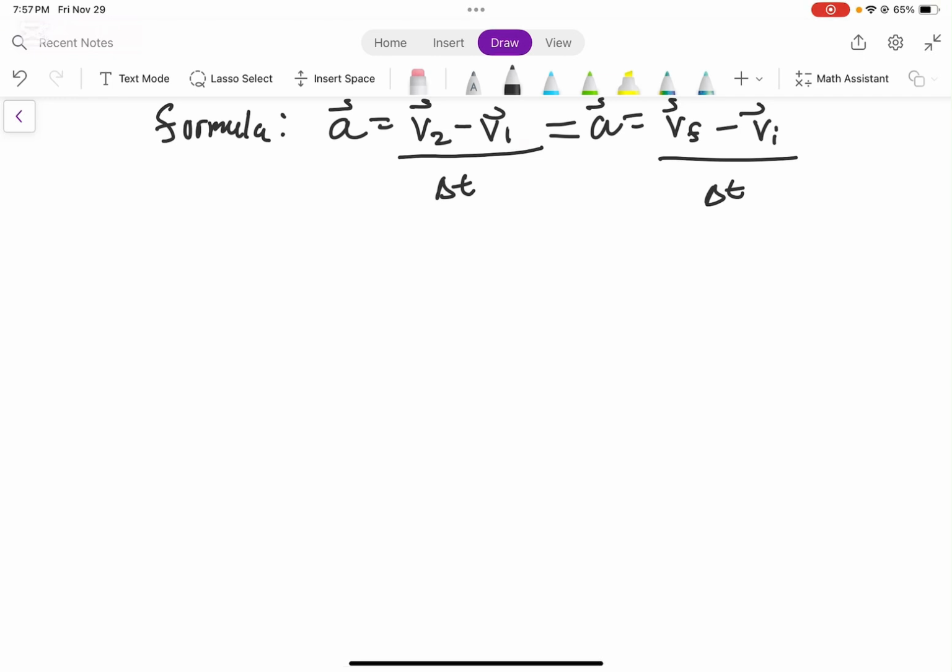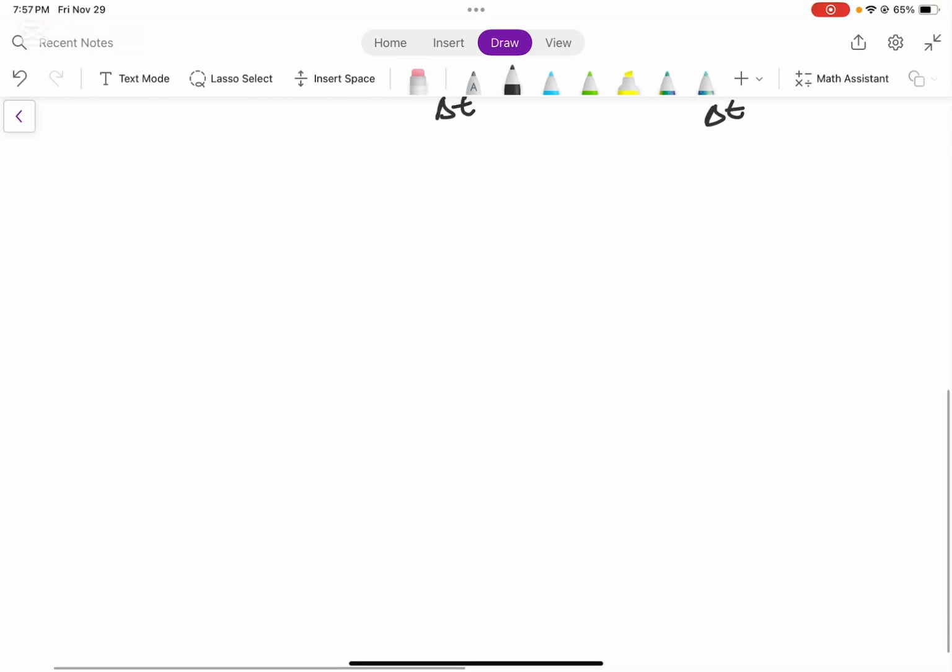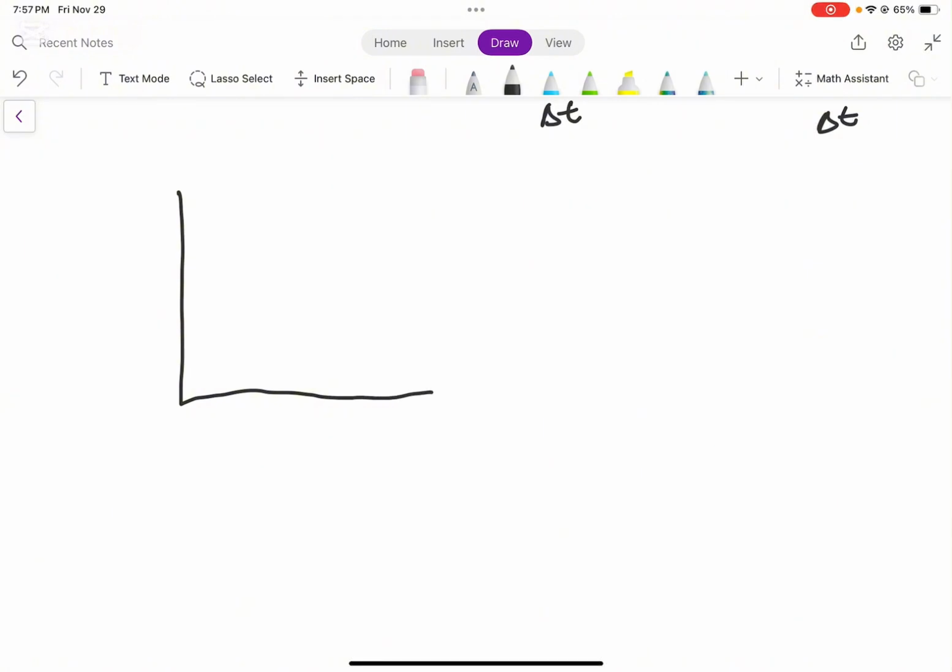So before we go further, I want to talk about dt and vt graphs, because they relate to acceleration and velocity in general, and are a key concept that we can touch on. So to begin, what is a dt graph? I'm going to sketch it out for you. You have a d here, t here.